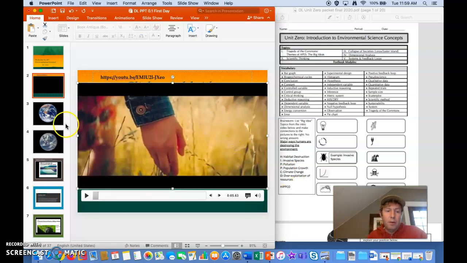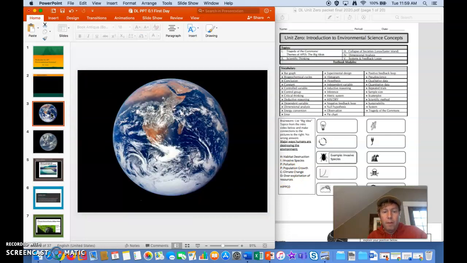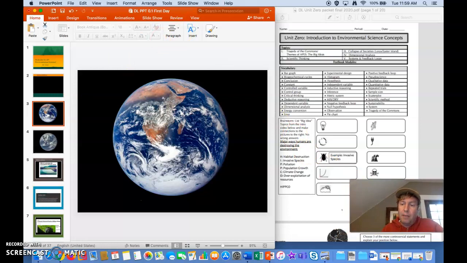As far as the PowerPoint goes for day one, here's a picture of planet Earth, the very first picture of Earth taken from space. A lot of times I start with this picture for this class because it's quite phenomenal when you think about it. Our small blue planet floating in the universe, when you look at it from this perspective, is quite delicate.